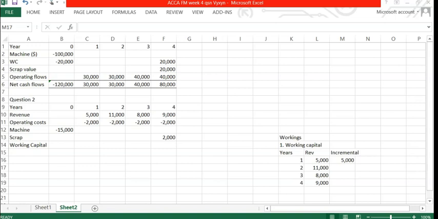Therefore, we also have to know that our working capital requirement will also have to increase. So it is going to be that increase that is going to apply. So the increase here is 11,000 minus 5,000. So it's equal to this one minus this one. That's 6,000. That's the incremental part.